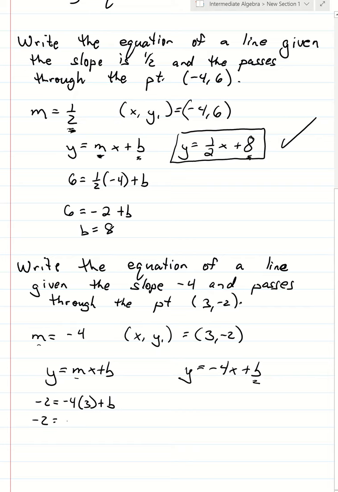When we simplify, we get -2 equals -12 plus b, and when you solve for b, you get b is 10. And so now we can plug in that particular value of 10, giving us our answer. Okay? Any questions so far about that one? That's not too bad. Okay?